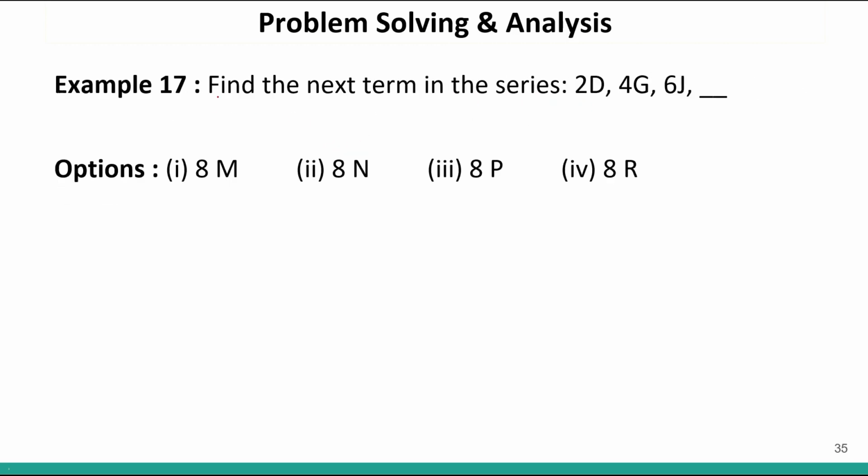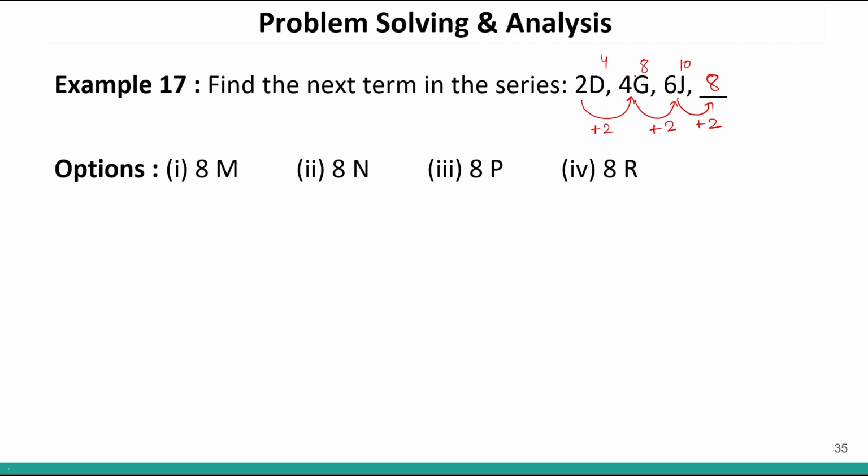Now, again, an alphanumeric series. So 2, 4, 6. Clearly, this is plus 2. Here we have plus 2. So now again, we'll move 2 positions forward. So 2 positions forward will give me 8. Now, D is 4, G is 7, and J is 10.